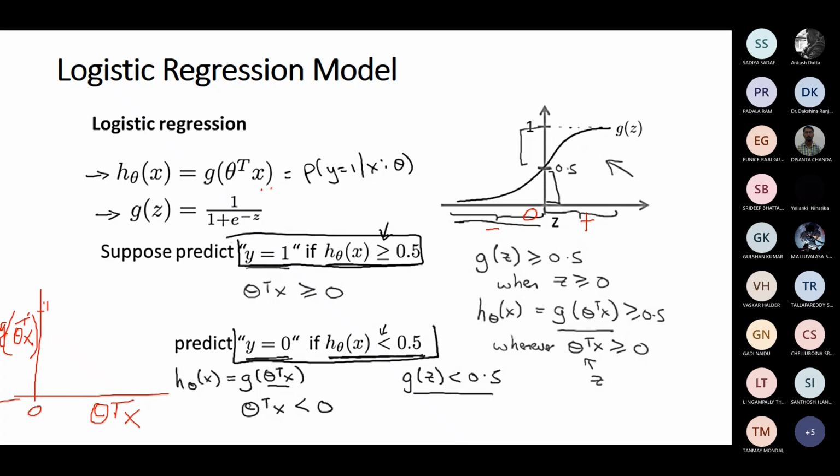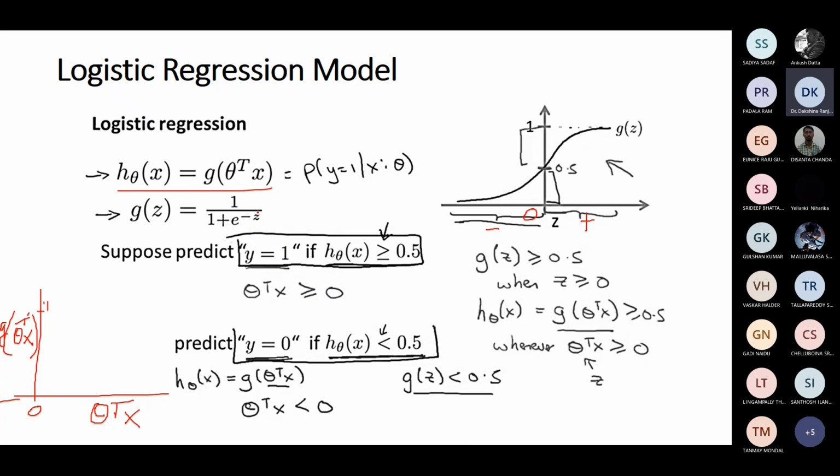Now, since logistic regression is a supervised learning model, if we want to fit the training examples into this hypothesis h theta x equals g of theta transpose x, then we get this function g(z) equals 1 by 1 plus e to the power minus z.